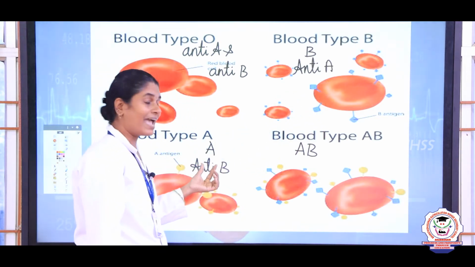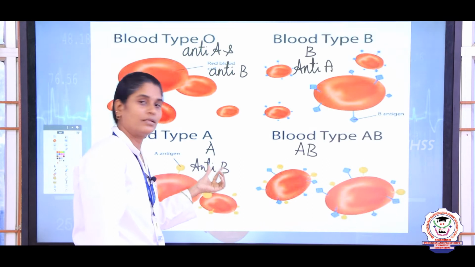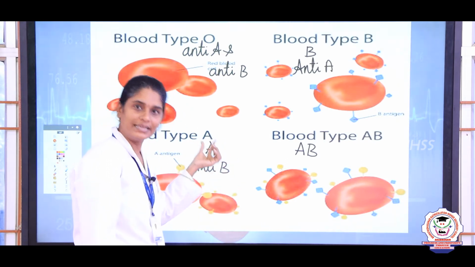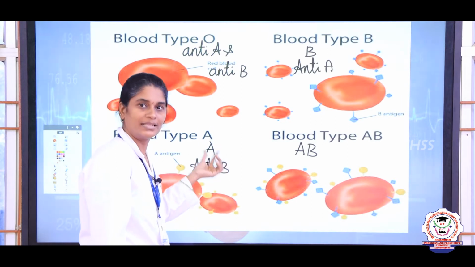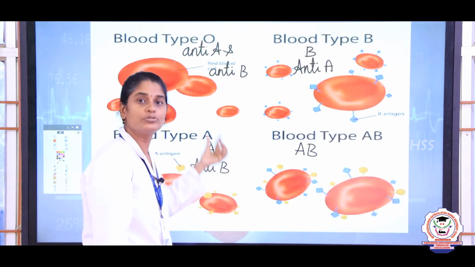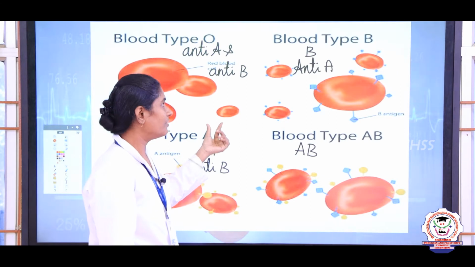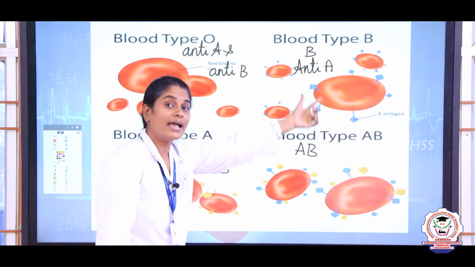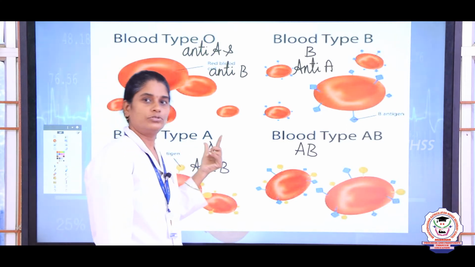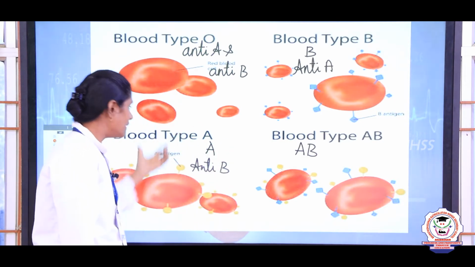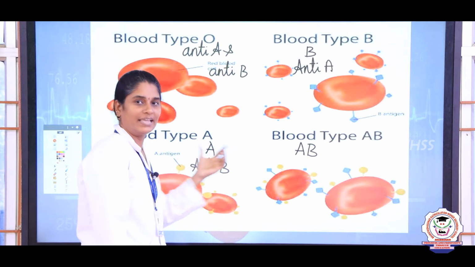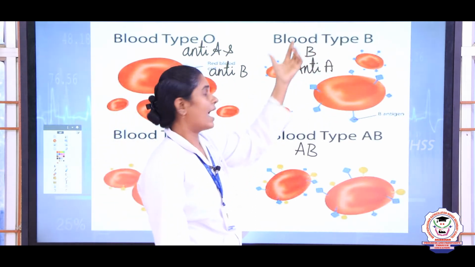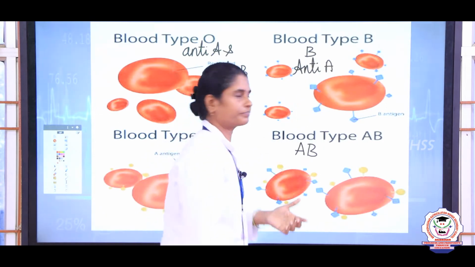For example, antibody B will not attack antigen A, because they are in the same blood group, so it does not attack it. But antibody A will attack antigen A. That is why A blood group people have antigen A and antibody B, while B blood group people have antigen B and antibody A.